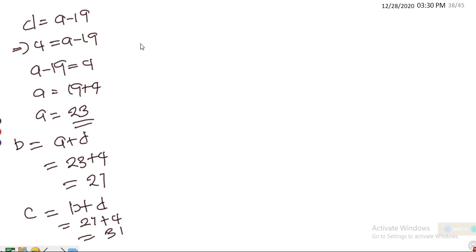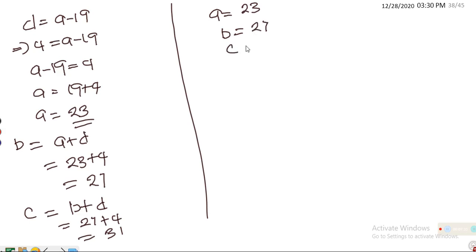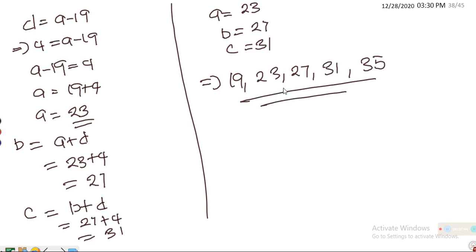So we have now found the terms A to be 23, B to be 27, C to be 31. Therefore, the sequence is 19, 23, 27, 31, and 35. So we have inserted 3 arithmetic means between 19 and 35 using the method of arithmetic mean.